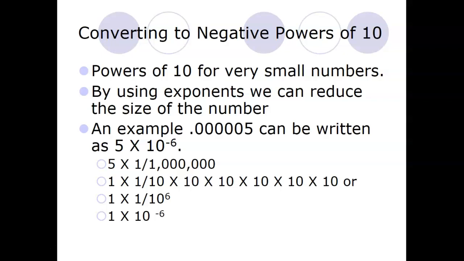Right? I don't want a decimal number to deal with. I want a positive number, I want a whole number, right? So I moved it 6 times. But since I'm dealing with behind the decimal, it's a -6. Does that make sense? Is everybody with me?